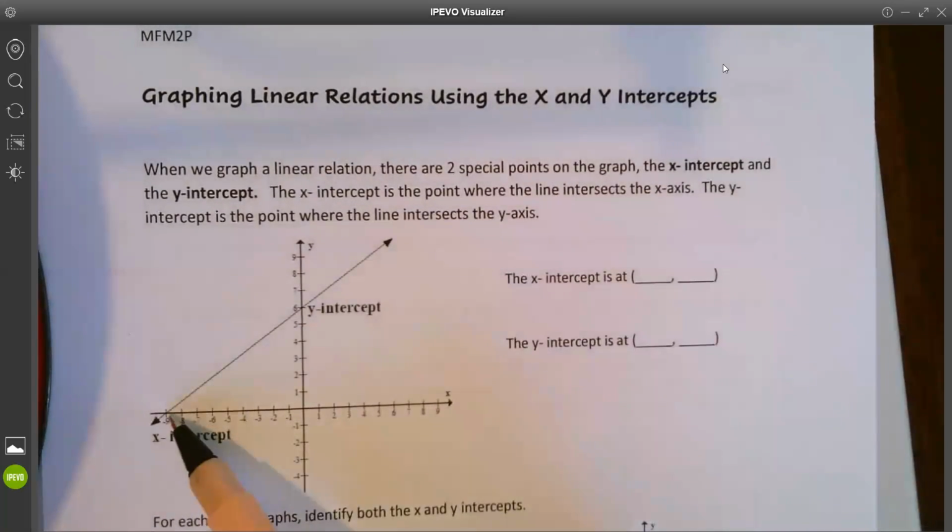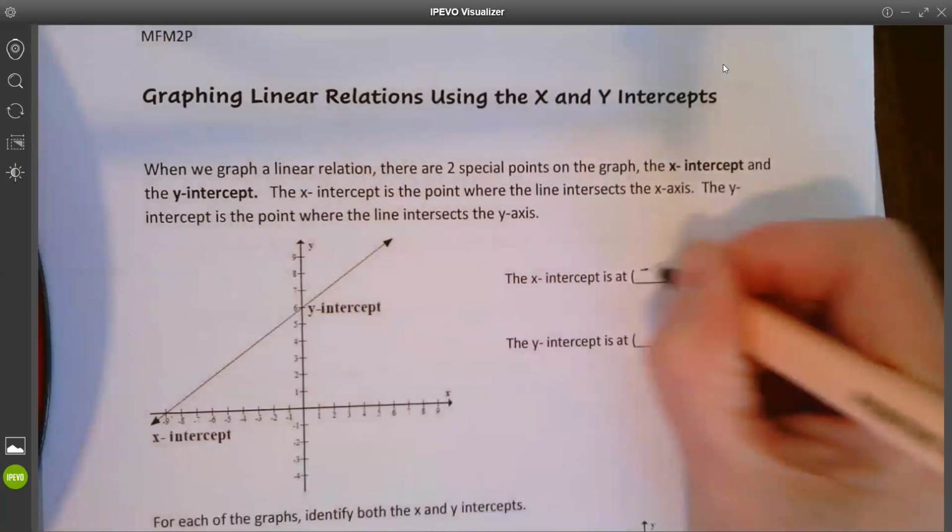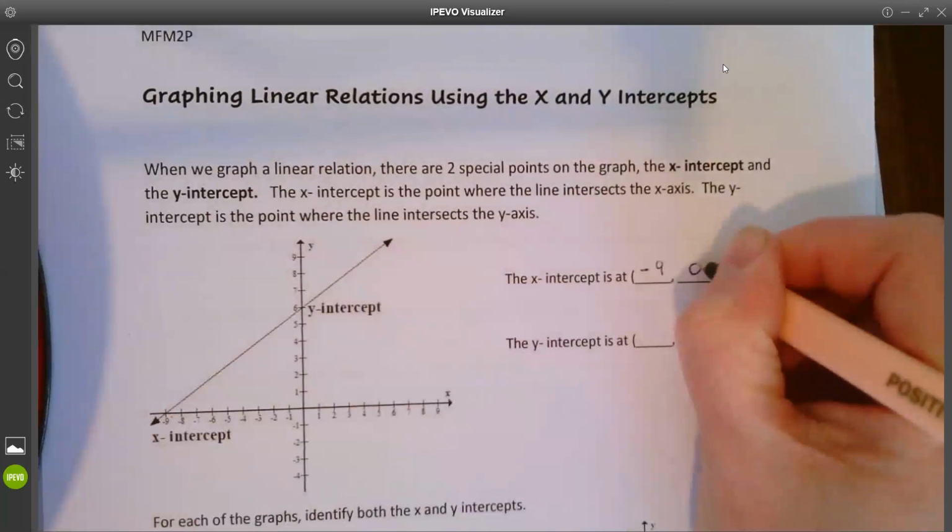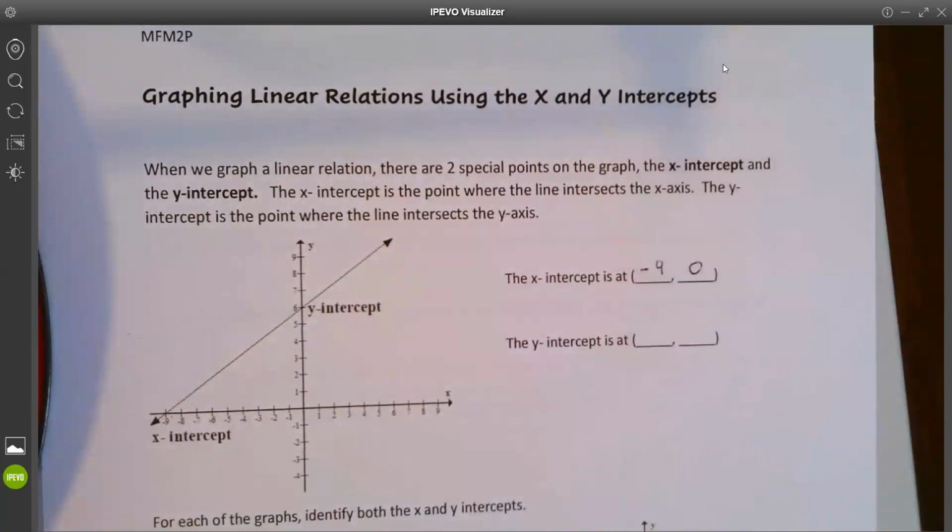The X intercept is the point where our line intersects the x-axis. And we can see it's here at -9. And so if we write that as ordered pairs, it corresponds to the point (-9, 0). The y-intercept, using the same definition, is the point where the line intersects the y-axis.